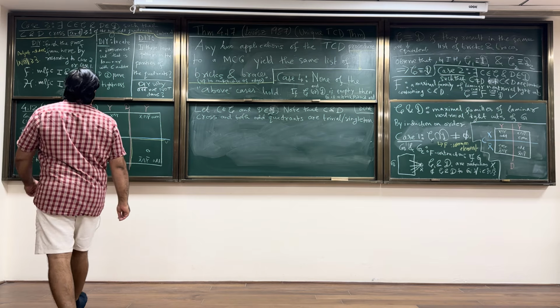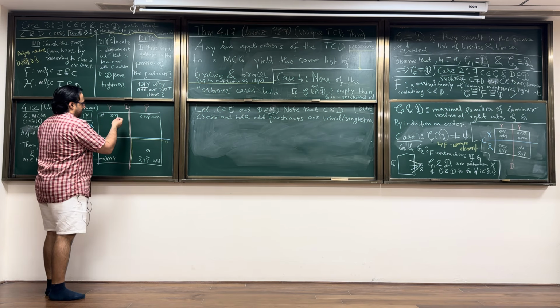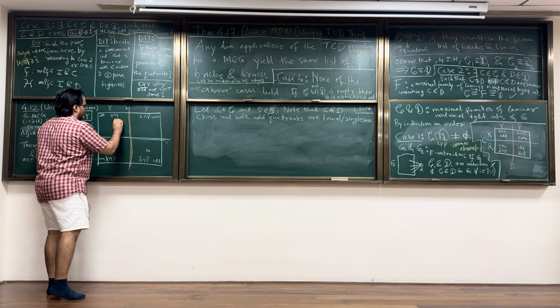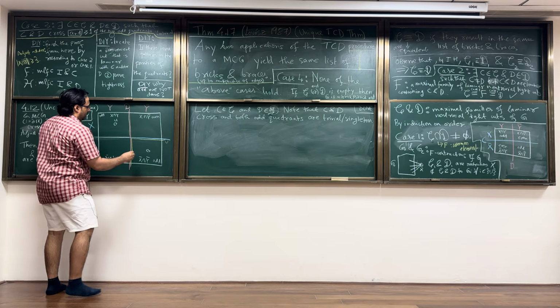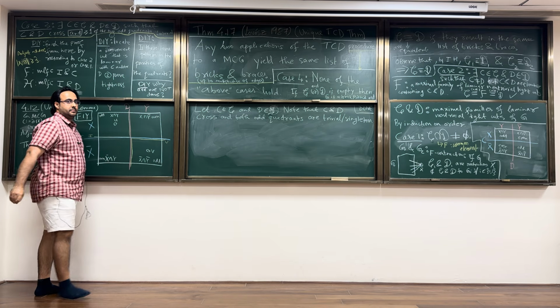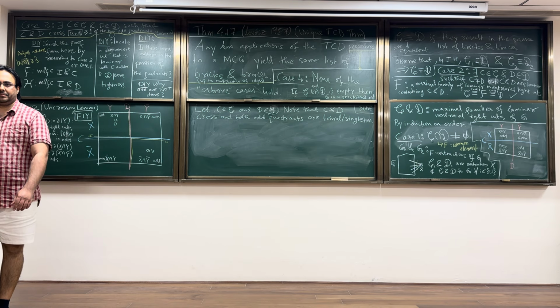So, let's suppose we adjust notation so that x intersection y is odd, as usual. Let's suppose this vertex is u, this vertex is v.